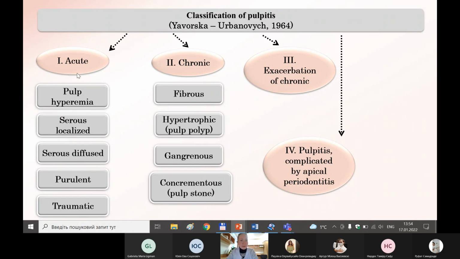Acute types of pulpitis are pulp hyperemia, serous localized pulpitis, serous diffuse pulpitis, purulent and traumatic. Chronic types: fibrous, hypertrophic or pulp polyp, gangrenous, and concrementous or pulp stone. And of course, exacerbation of chronic pulpitis and pulpitis complicated by apical periodontitis.